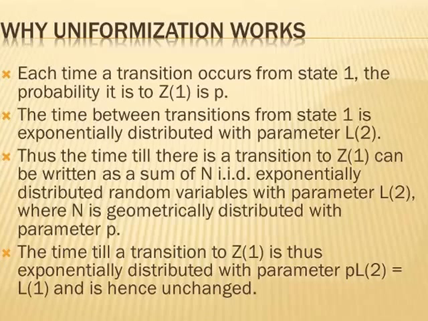And each one of these transitions is exponentially distributed with parameter L2, because it is the minimum between the time till a transition to Z1, which is exponentially distributed with parameter P L2, and the fictitious one. And P L2 is just L1, which we had before. So indeed, the real rate of transitions to Z1 did not change by adding these fictitious transitions.